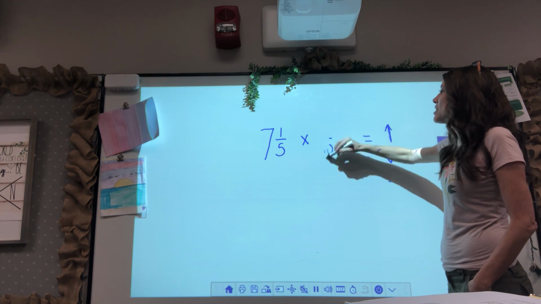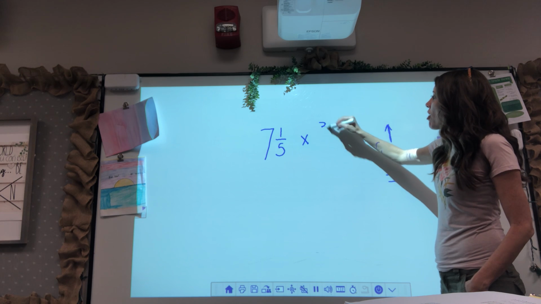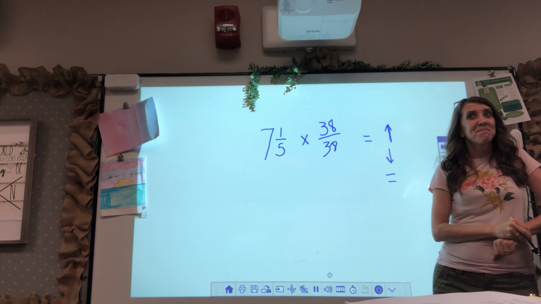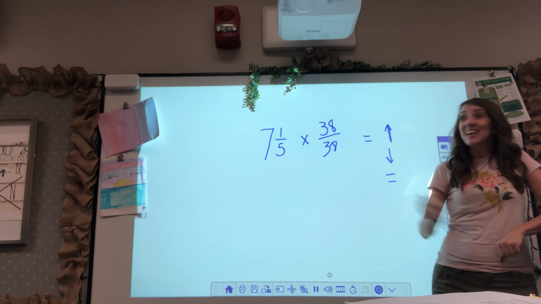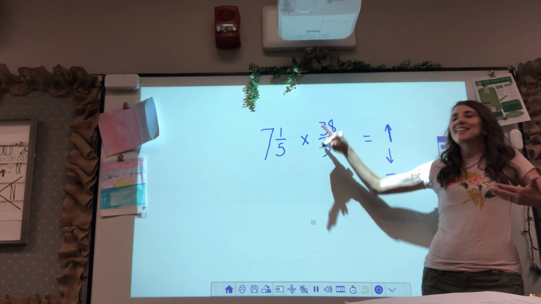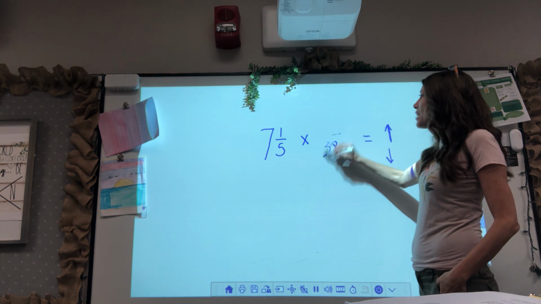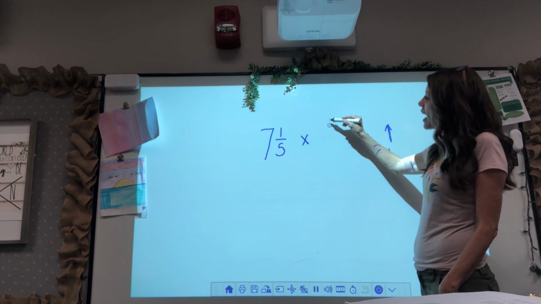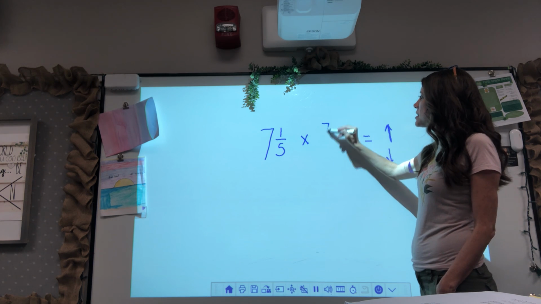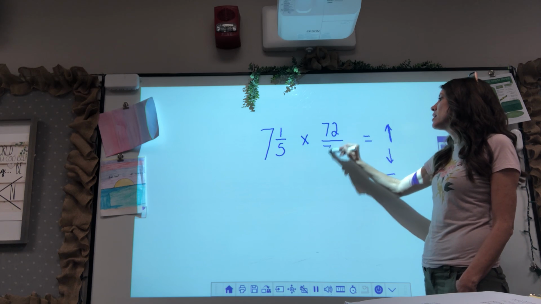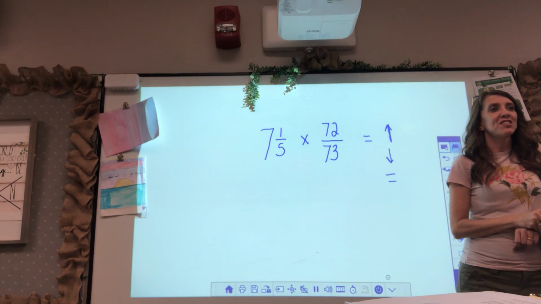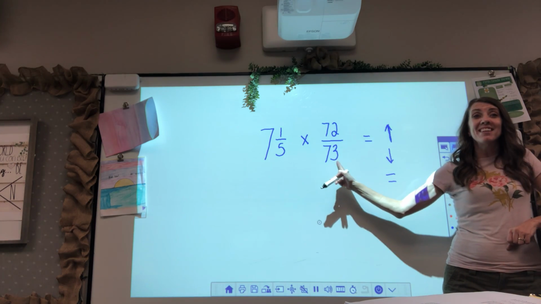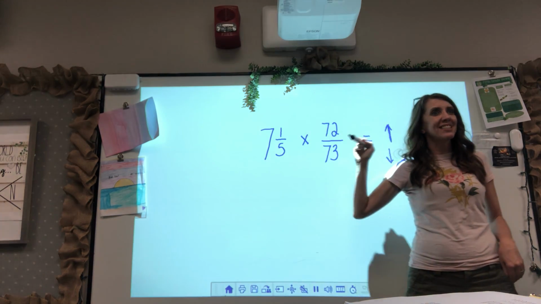How about 7 1/5 times 38/38? Equal, because it equals 1. Any number times 1 equals itself. Okay, you guys really got this quick. One more. 7 1/5 times 72/73. It's less than 1, so your answer is going to become less.